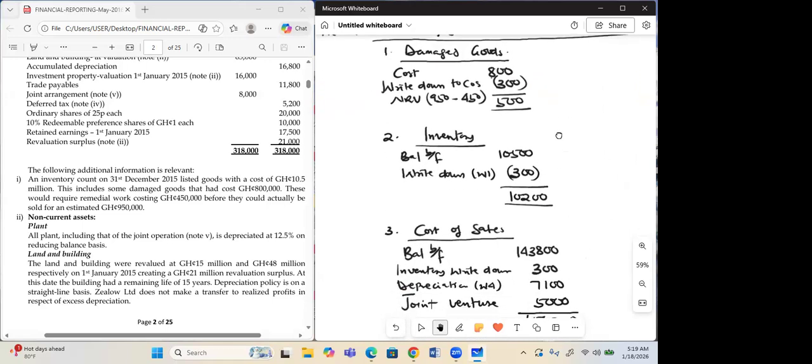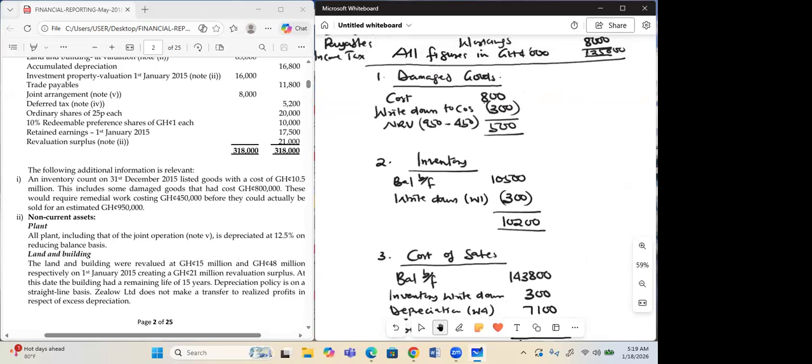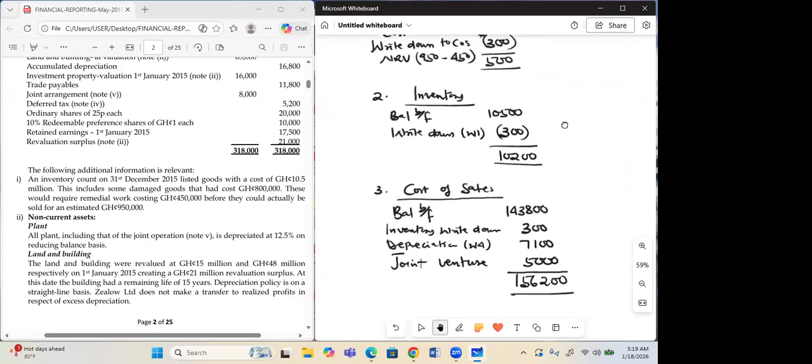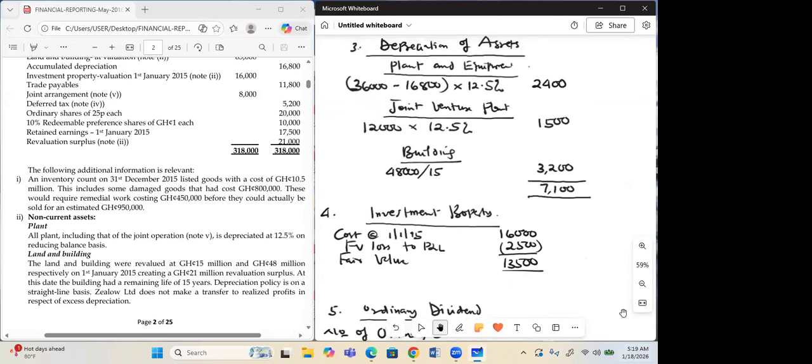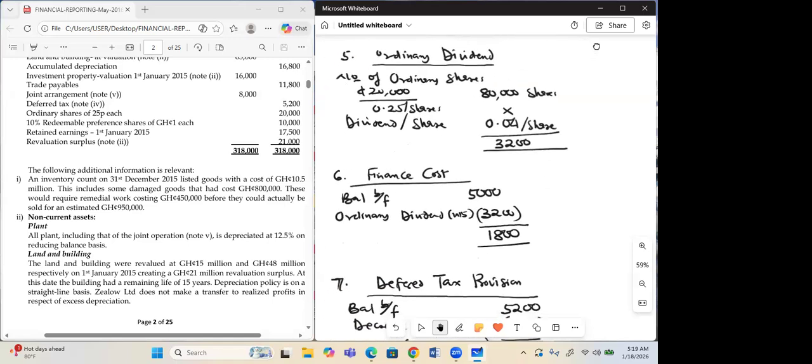Now the workings, from working one. Take this. Can we move? Yes, please. Can we move? Yeah, move. Take this. Can I move? Yes. Take this. Can I move? Next. Take this.